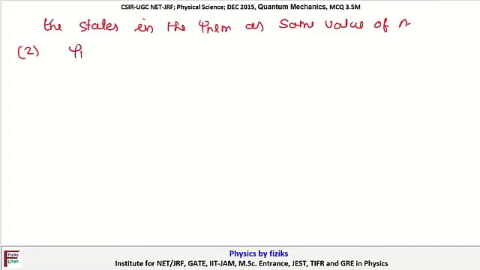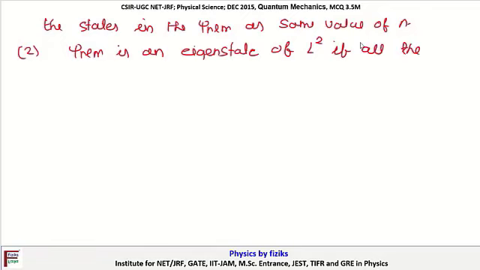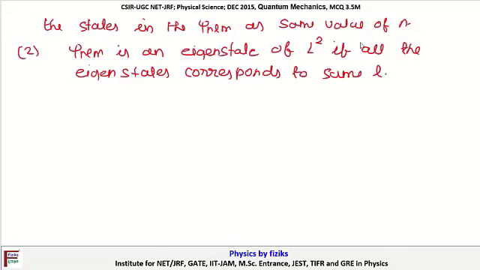Second, psi nlm is an eigenstate of L square if all the eigenstates correspond to the same l.